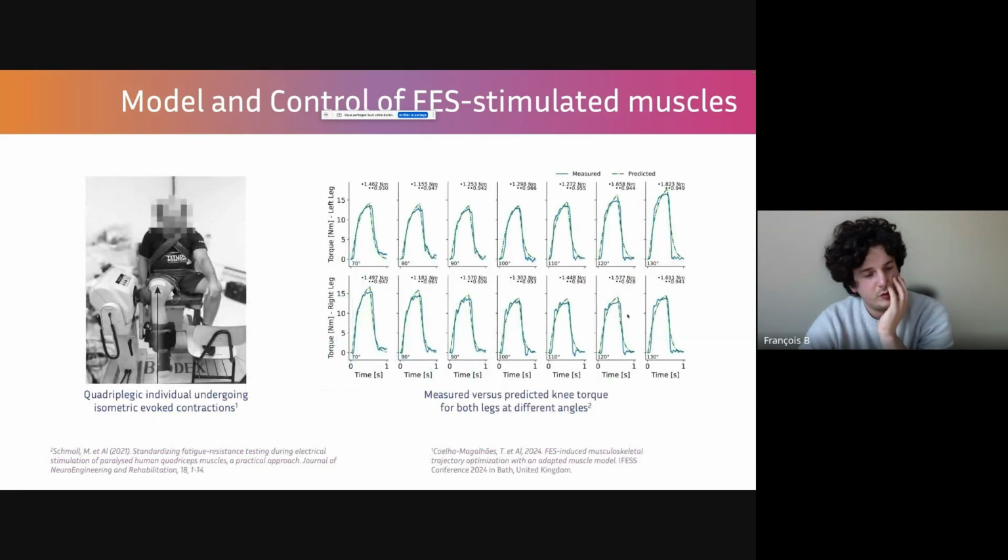And so the first result that we have is that we are able to, for instance, retrieve the torques produced by the muscles from a person on an isokinetic dynamometer, such as displayed on the picture, meaning that we are able to retrieve some of the muscle parameters and also track the torque that is produced using the numerical model, which is a good first step towards using this kind of model to, for instance, choose specific stimulation patterns which are calibrated for one person, and to optimize the use of FES to generate motion.